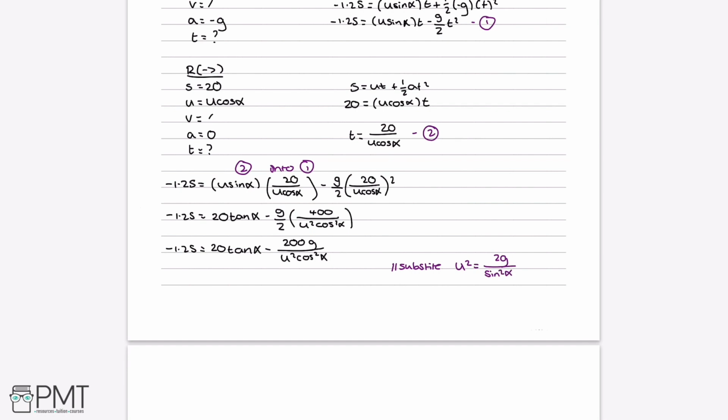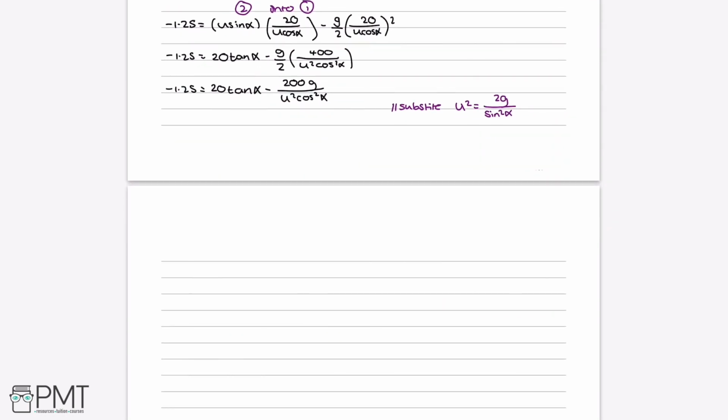And we can substitute this in because we have a u squared here. So if we were to do that, we are going to end up with minus 1.25 is equal to 20 tan alpha minus 200g divided by 2g over sine squared alpha multiplied by cos squared alpha.